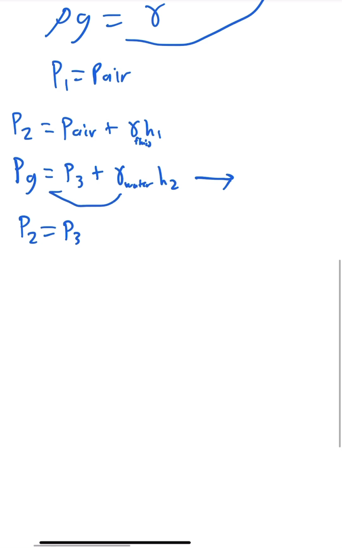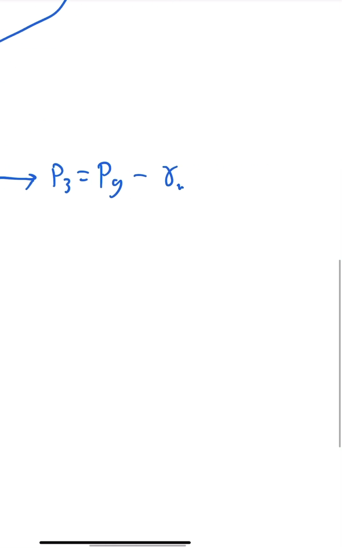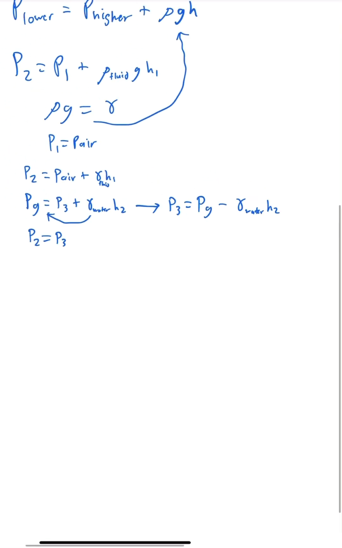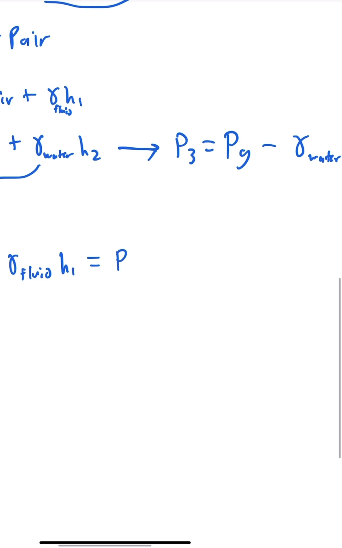Just subtracting this over here, we can get that P3 is equal to the gauge pressure minus the specific weight of water times H2. Now we can put these equal to each other. So the air pressure plus the specific weight of the fluid times H1 is equal to the gauge pressure minus the specific weight of water times H2.